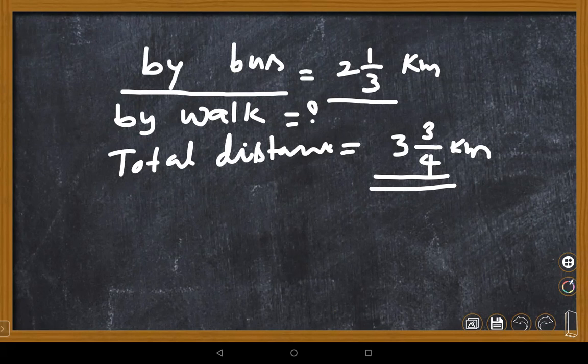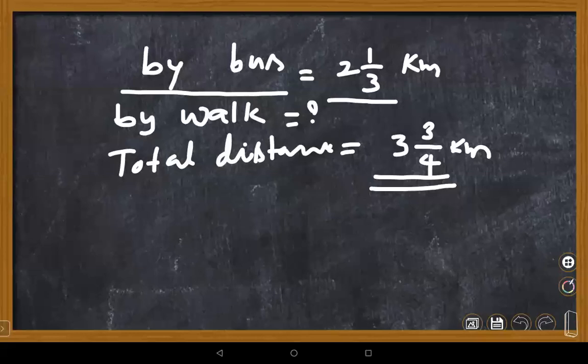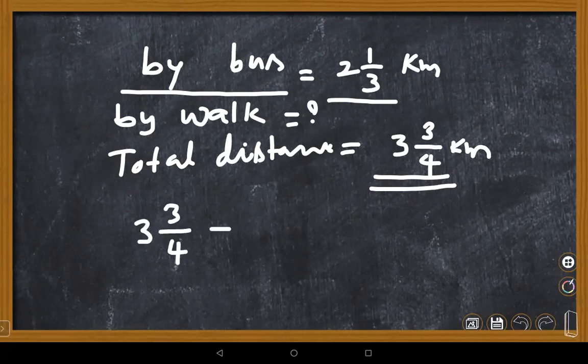Ma'am, first we have to subtract the bus distance from the total distance. Wonderful. Then first we have to convert to improper. Very good. Please do this and give the answer.